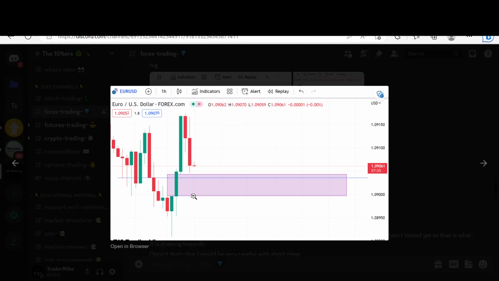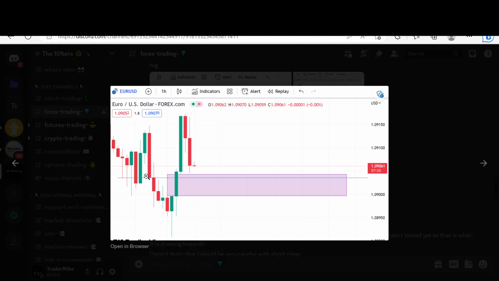That portion of price action was not efficiently delivered. It is an imbalance. Price does not like to leave imbalances inefficiently delivered. It wants to rebalance that price action. I knew that's where price was drawing into, where it wanted to draw down lower into.